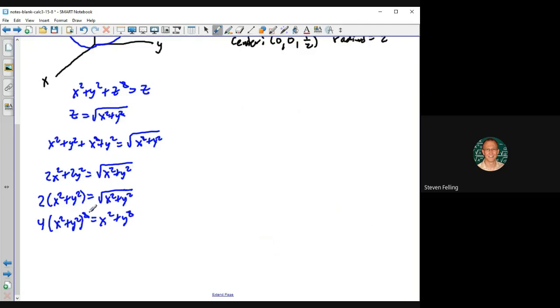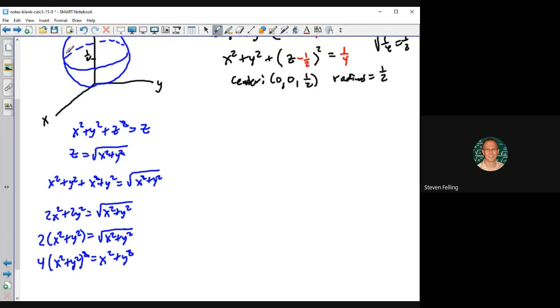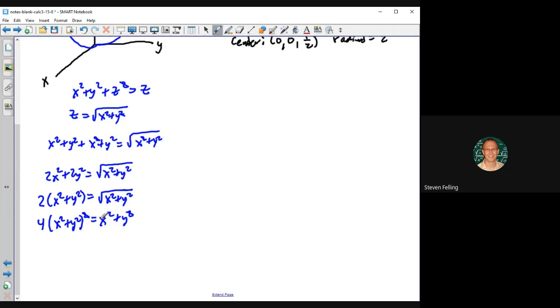Well, assuming that this intersection is not going to occur where x or y is 0, I think it would be legitimate for us to divide both sides by x squared plus y squared. Then I would have, let me move the 4 out here, 1/4 here.